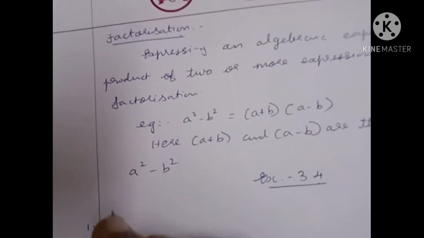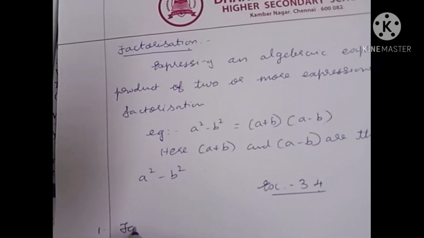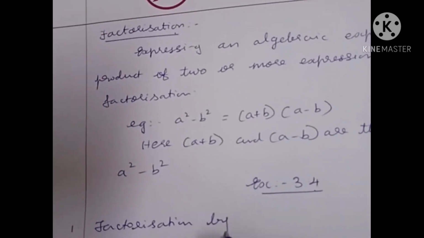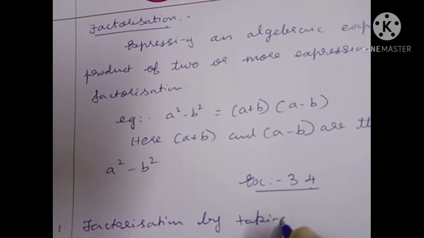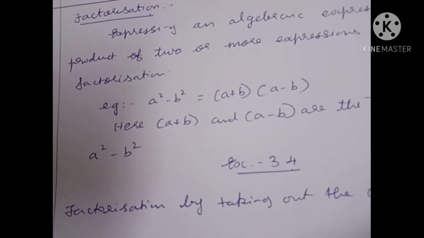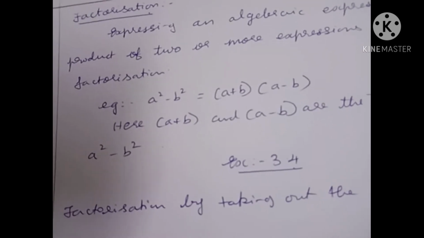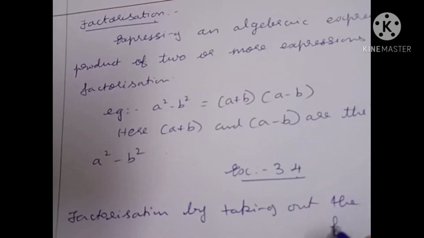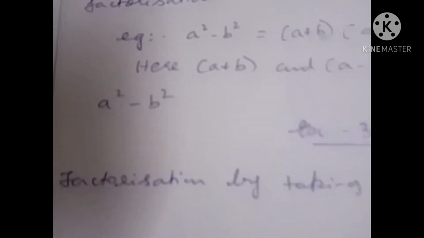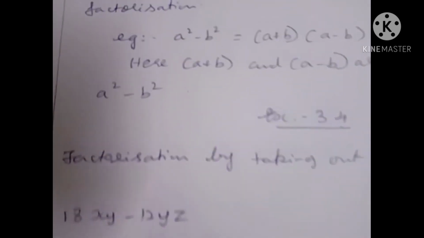The first type is factorization by taking out the common factor from each term. So the first question is 18xy minus 12yz.